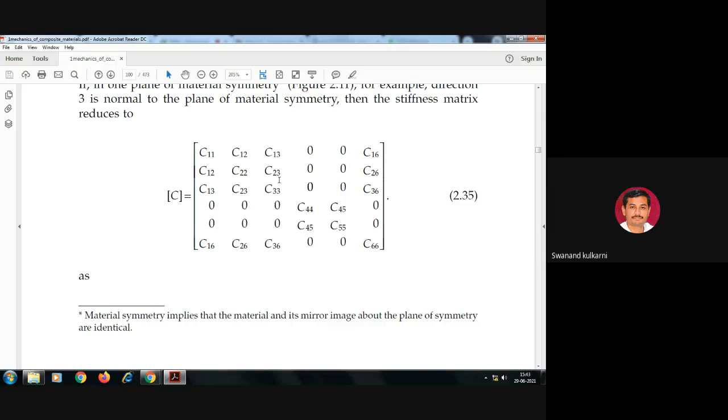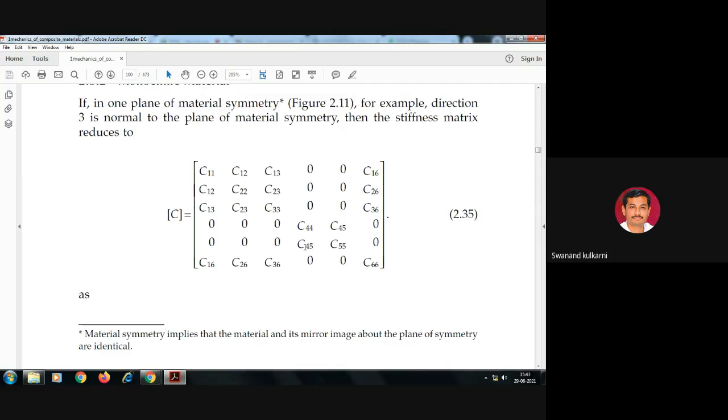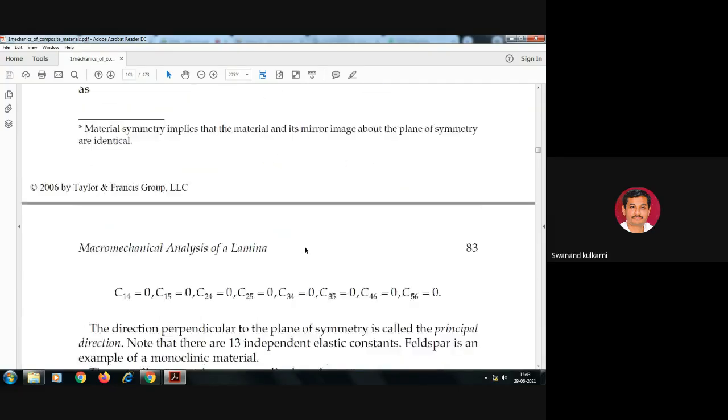Now here you can see how many constants there are. 1, 2, 3, 4, 5, 6, 7, 8, 9, 10, 11, 12, 13, 14, 15, 16, 17, 18, 19, 20. Here we can see 4, 4, 4, 12, then 4, 16, and 4, 20. So this is now reduced here.